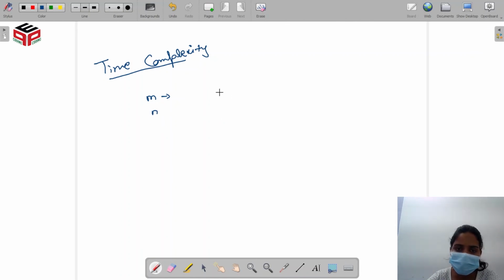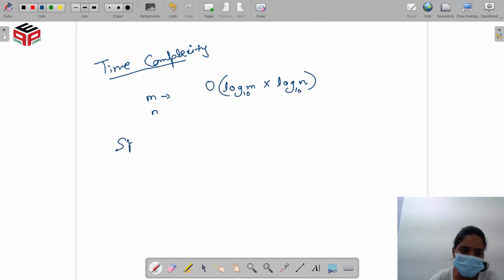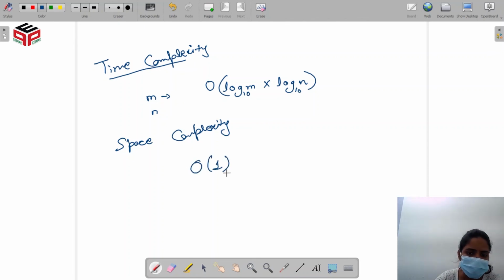Then time complexity will be log m into log n, order of log m into log n, of base 10. What will be the space complexity? Space complexity will be order of 1. Why order of 1? Because we haven't taken any extra space.